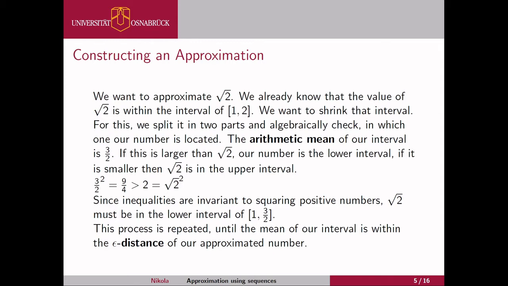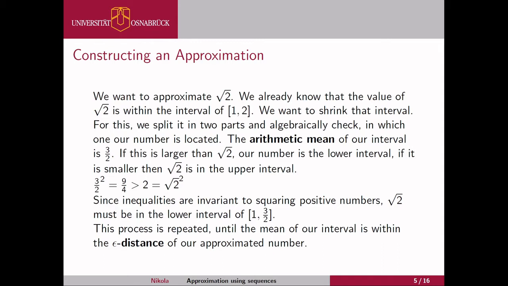Okay, so now we have the interval of length 1, and our goal is to shrink it. So we want to iteratively make the interval smaller and smaller, but keep the property of having root 2 in the interval. For this, we'll just split it in two parts. So we will cut the interval apart in the center, and we will check: is our center number smaller or larger than our target number?